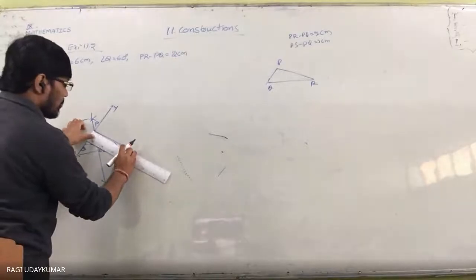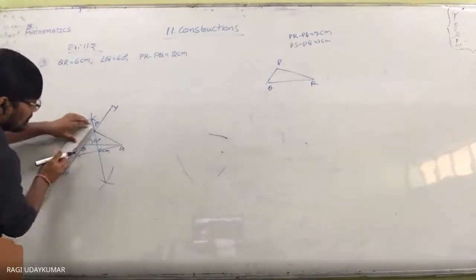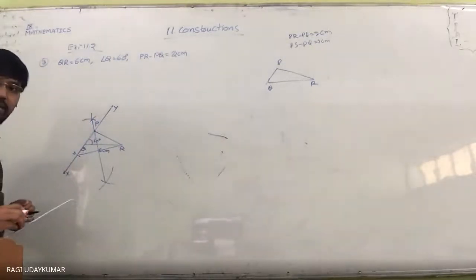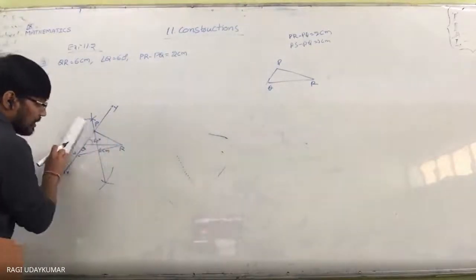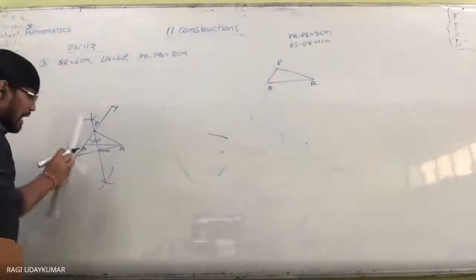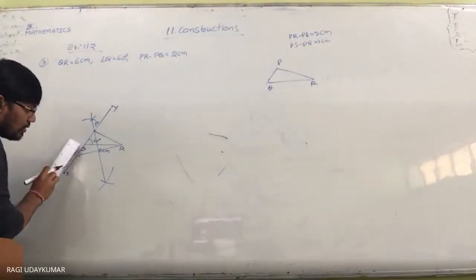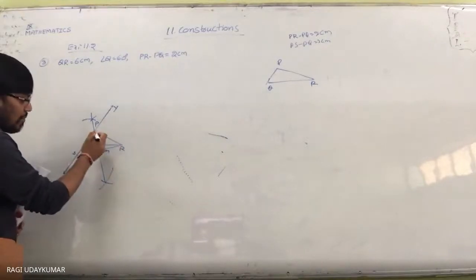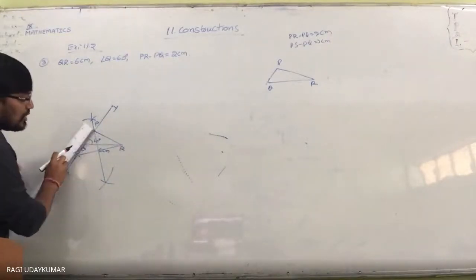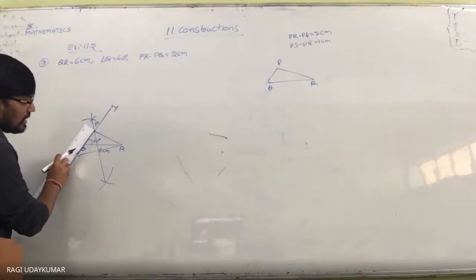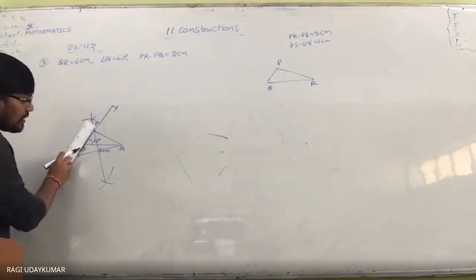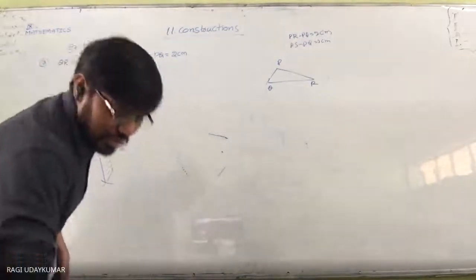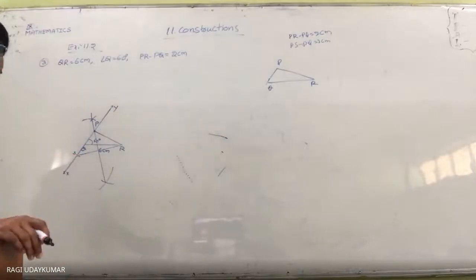It is 5 centimeters. This QR length also should be 5 centimeters. PR length and QR length should be equal. And PR minus PQ, PQ is equal to 3 centimeters. So P to Q is 3 centimeters. Approximately we are getting it here, because while constructing with the compass, it is slipping.